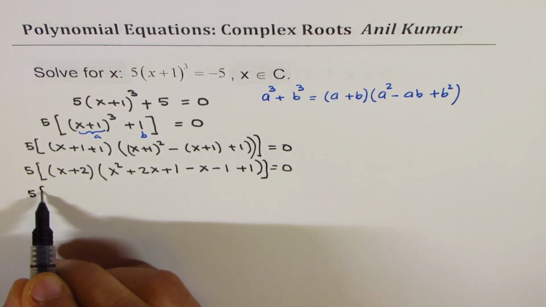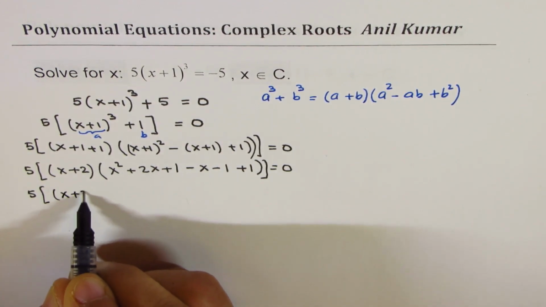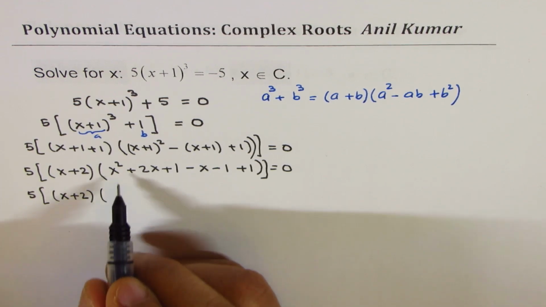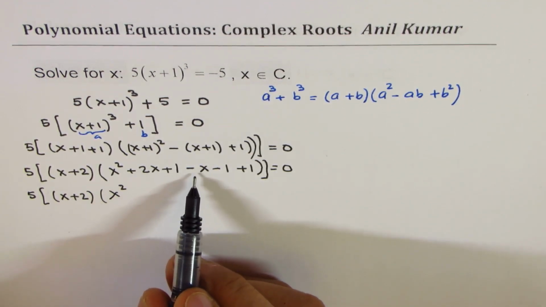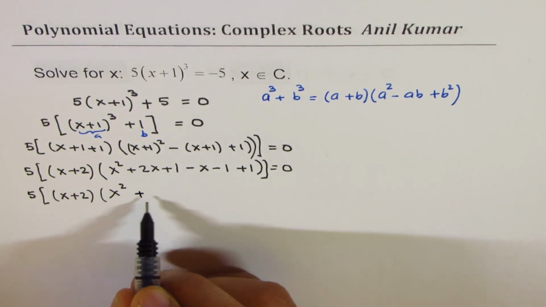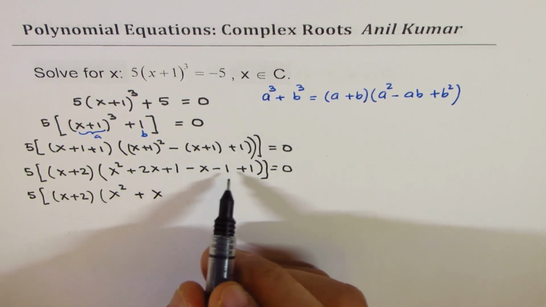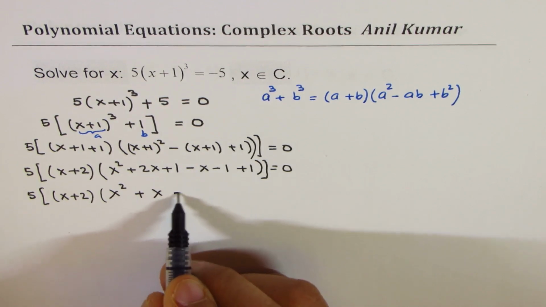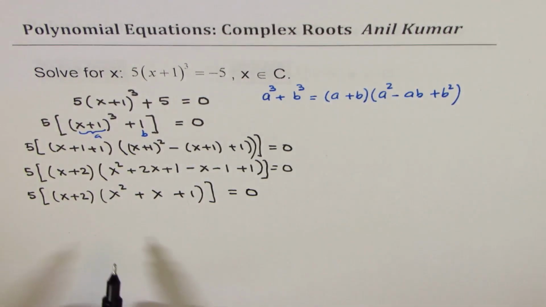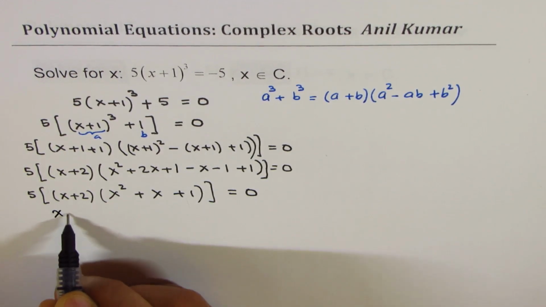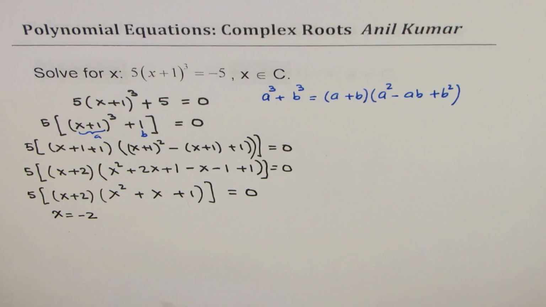So that gives you (x plus 2) times (x squared, combine like terms, 2x minus x is x, so plus x, plus 1 minus 1 is 0, we are left with plus 1). So here we get one real root, which is x equals minus 2.